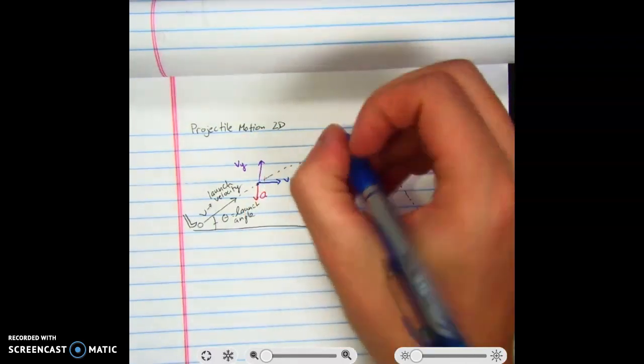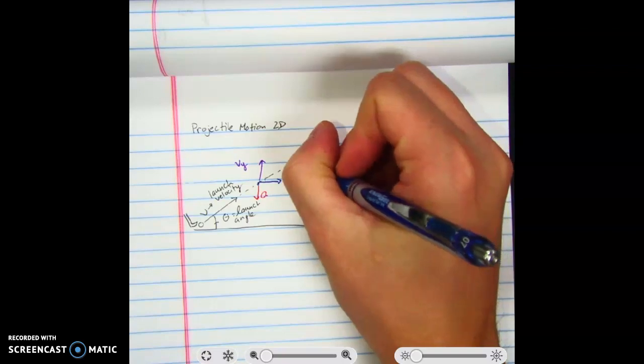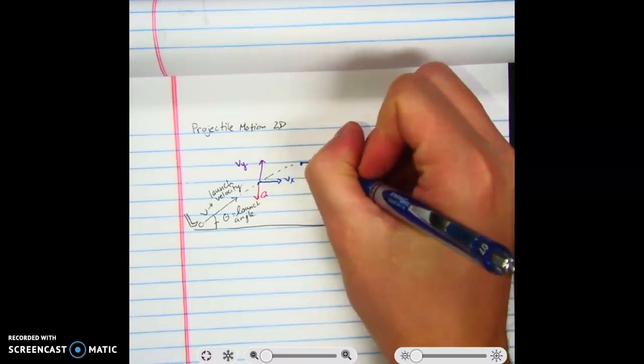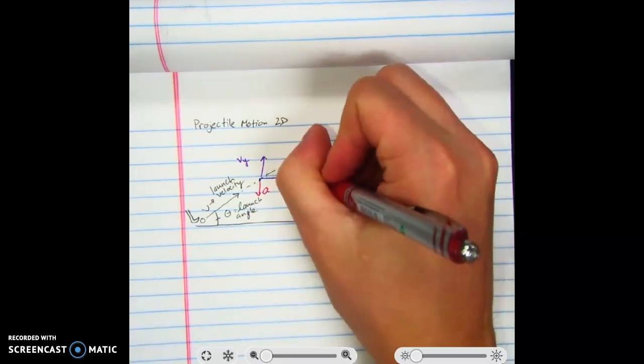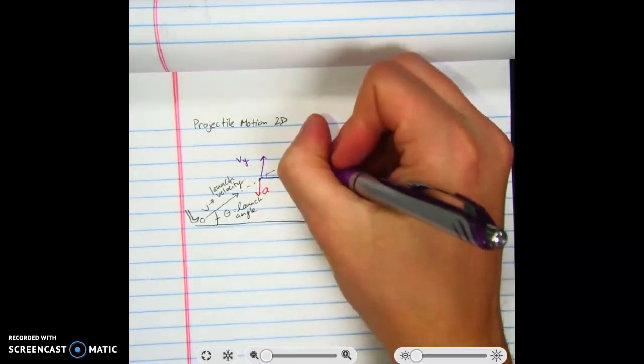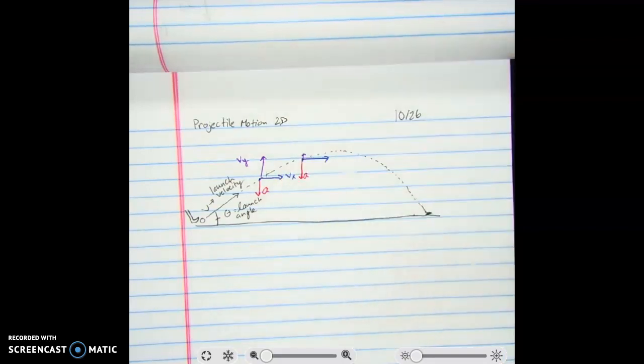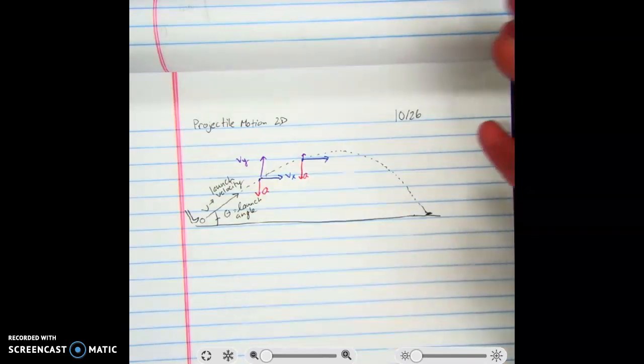And let's look at this point right here. At this point, we still have some nice velocity in the x. We still have some nice acceleration in the y. And our velocity in the y is going to get a little smaller. This is not the greatest example picture-wise, but it gets the job done.